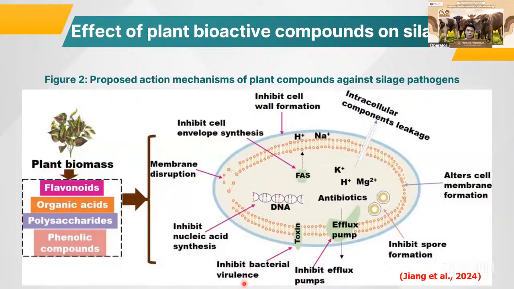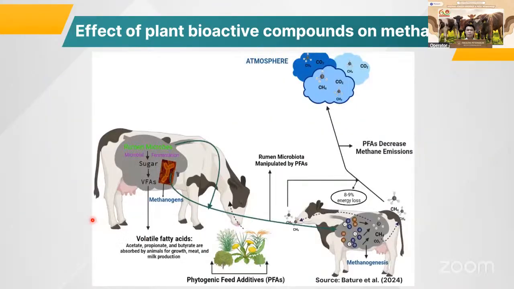In addition, plant compounds can inhibit cell growth or DNA synthesis. So these factors of phytonutrient compounds can work and finally improve the quality.